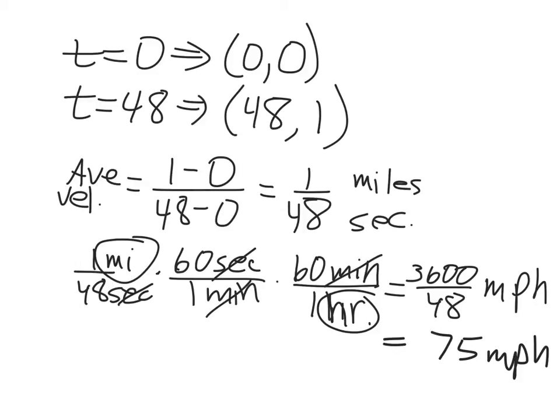Now, some roads have a 75 mile an hour speed limit, but on the smaller highways, more like 65. So you would get a speeding ticket. At some point in that 48 seconds, you could theoretically be going 90 miles an hour. But hopefully you would have slowed down really quick. But again, the only thing they can prove, if they're timing you, if you're clocked, is that you were at least going 75 miles an hour.